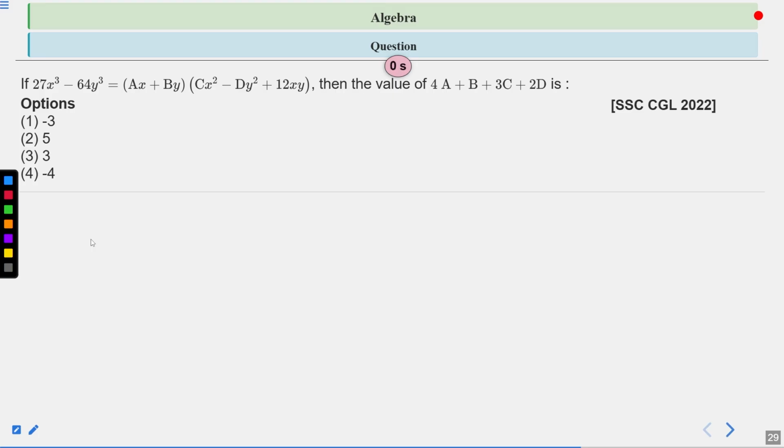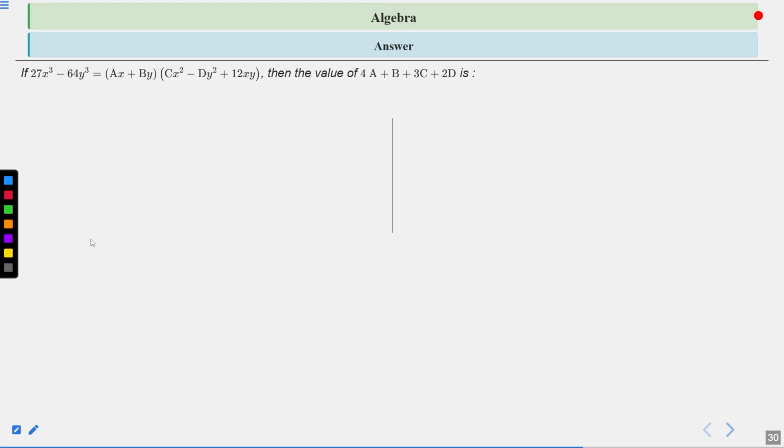Now time's up. Let's see the solution of this question. The question says that 27x³ − 64y³ is equal to (ax + by) in one bracket, in another bracket multiplying with (cx² − dy² + 12xy). So we need to calculate the value of 4a + b + 3c + 2d.